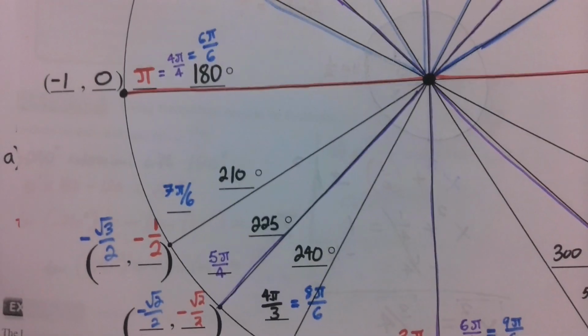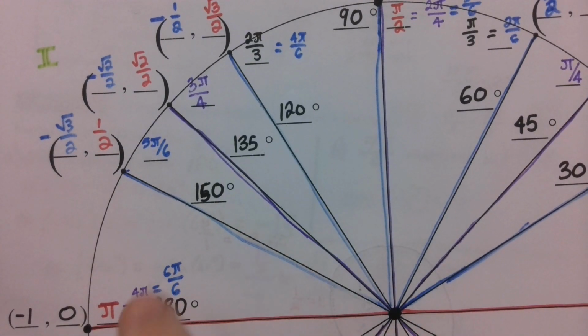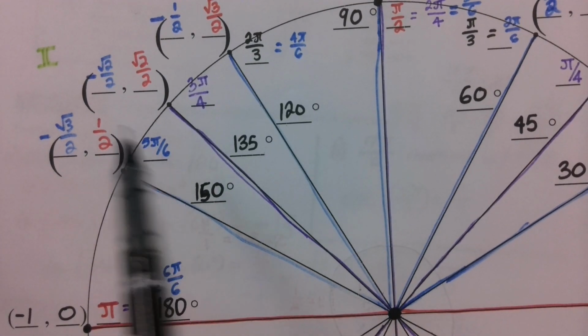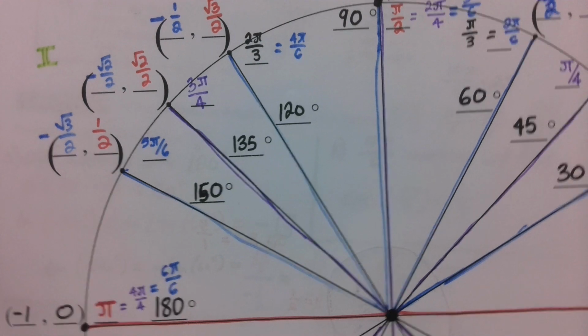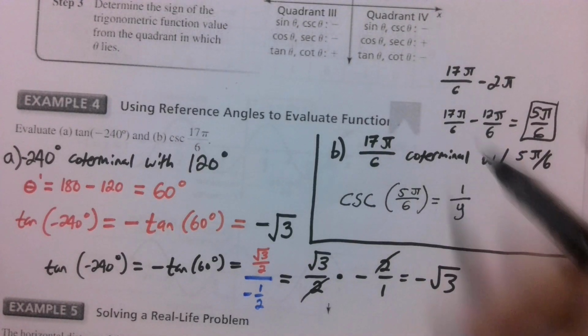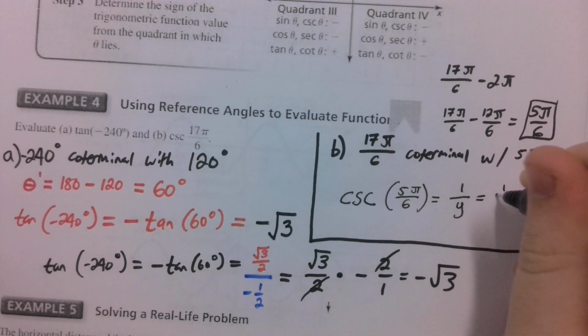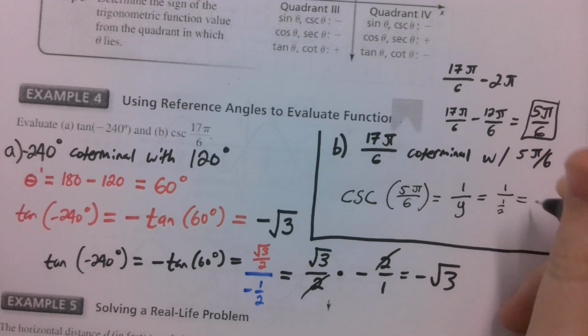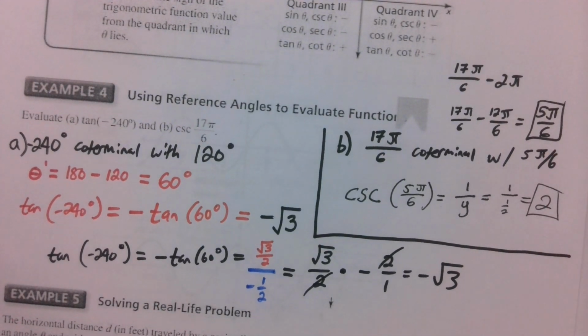Well, if I look at my table, 5 pi over 6, or 150 degrees, the y value is 1/2. So what's the reciprocal of 1/2? It's just 2. The cosecant of 17 pi over 6 is the same as the cosecant of 5 pi over 6, which is just 2. Done.